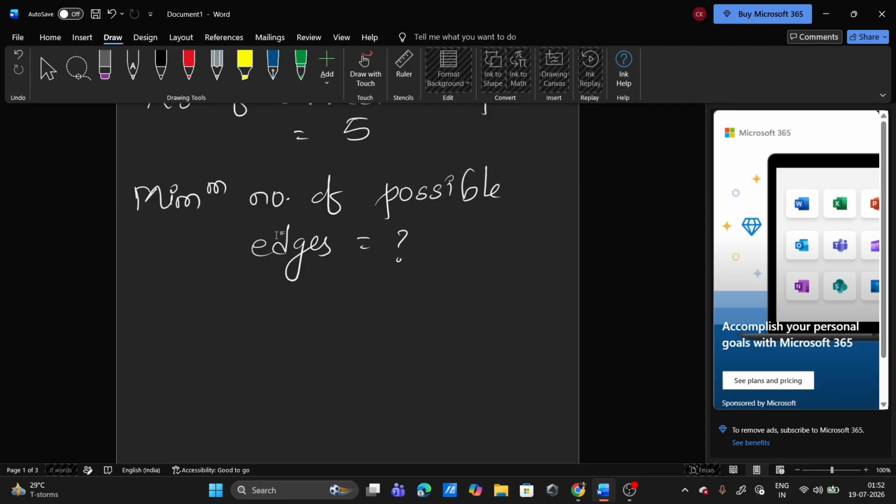If you remember, in the question where we were supposed to find the maximum number of edges, we were trying to bring as many vertices as possible together such that it satisfies the condition given in the question. Here, we'll do the exact opposite.